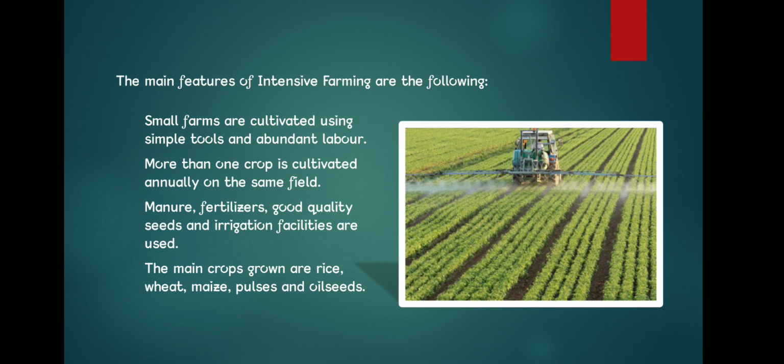The main crops grown in this type of farming are rice, wheat, maize, pulses and oil seeds. This is called double cropping, or else multiple cropping, and crop rotation. So these three names we can use for intensive farming.